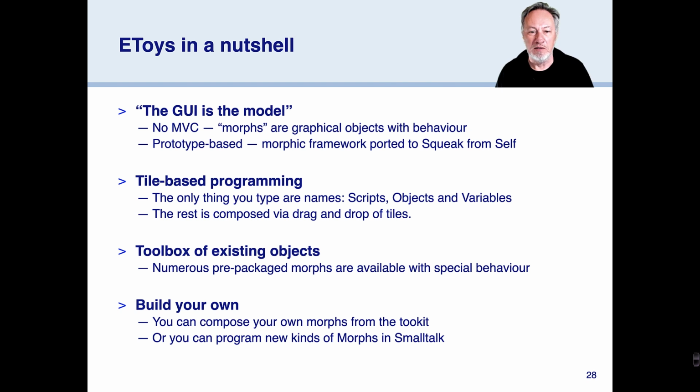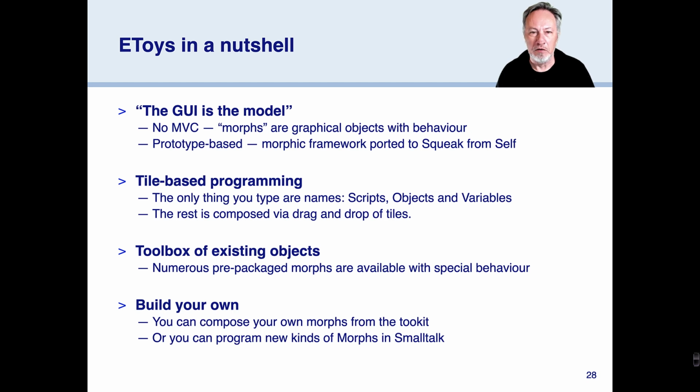As a consequence, the underlying graphical framework, the morphic framework, is also based on the idea of prototypes. So when morphic was ported back to Squeak, a successor of Smalltalk 80, the notion of prototypes, even though it's all implemented in Smalltalk, a class-based language, runs deeply through the morphic framework.